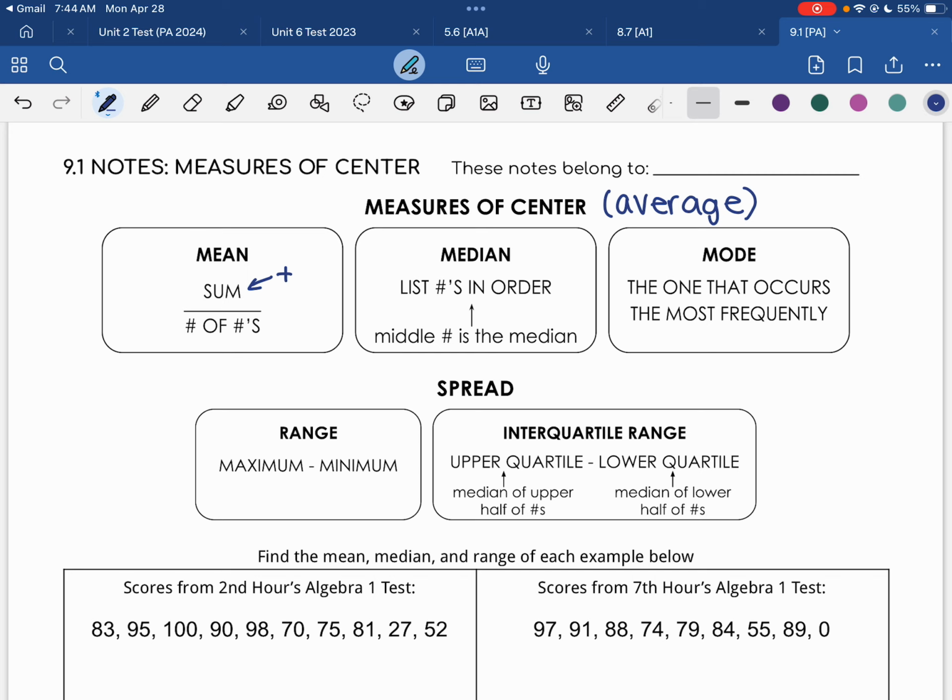Then the median, you list the numbers in order and you find the middle number physically. So whatever number is in the middle is the median. The mode is the one we're not going to use very often because it is just simply the one that occurs the most frequently.